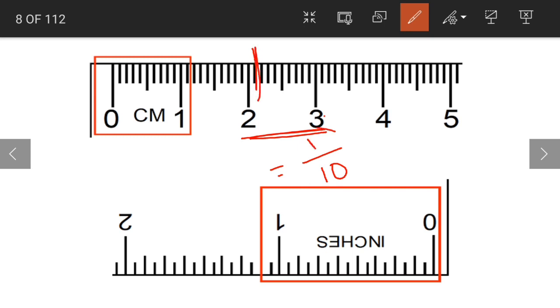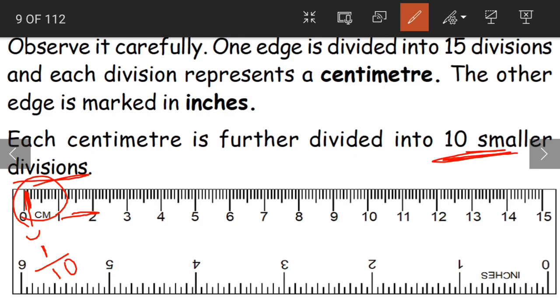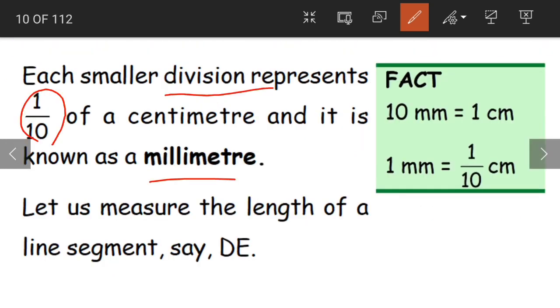So each division is nothing but 1 by 10 of what? We are dividing the centimeter. So it is 1 by 10 of our centimeter. And what is it called, children? It is called a millimeter. The smaller divisions are known as millimeters.